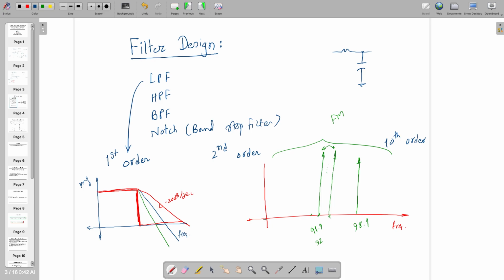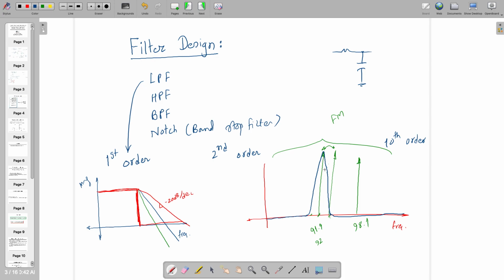I don't want to hear anything else, let's say. I'm taking care of just 91.9 FM. This is my band. So I'll keep one band pass filter, just allowing me to hear only 91.9 FM. But I don't want to hear this one.